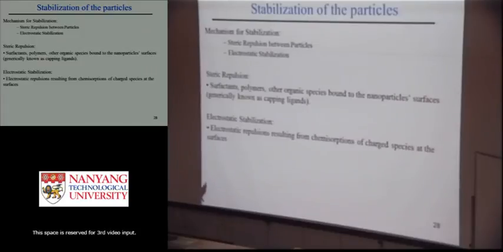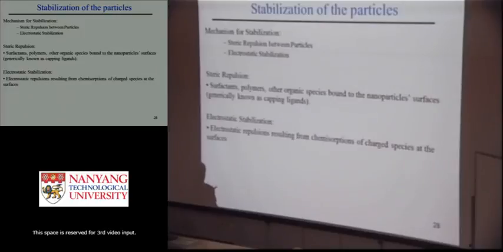Another way is called electrostatic stabilization. This is another concept. You have a nanoparticle dispersed in the liquid. Now I introduce some ions in the solution, and those ions are charged. Those ions may preferably attach on the surface of the nanoparticle and make the nanoparticle surface become charged. This makes the nanoparticles have the same charge.